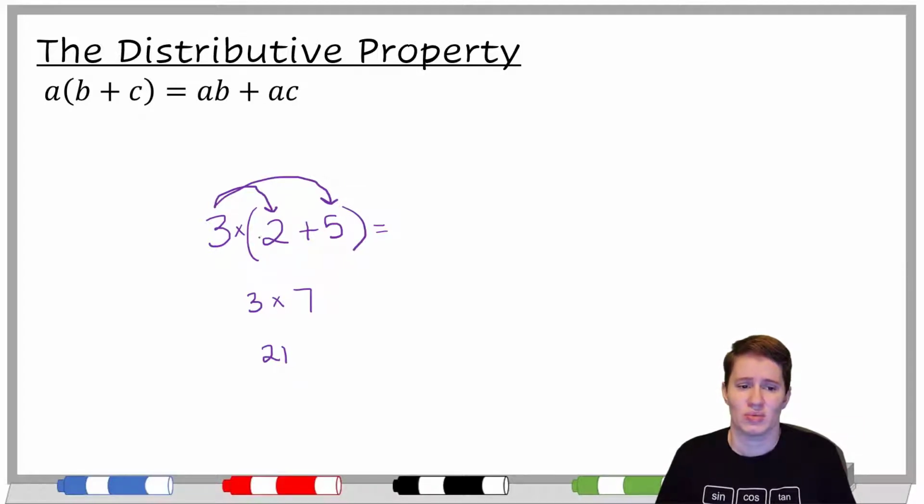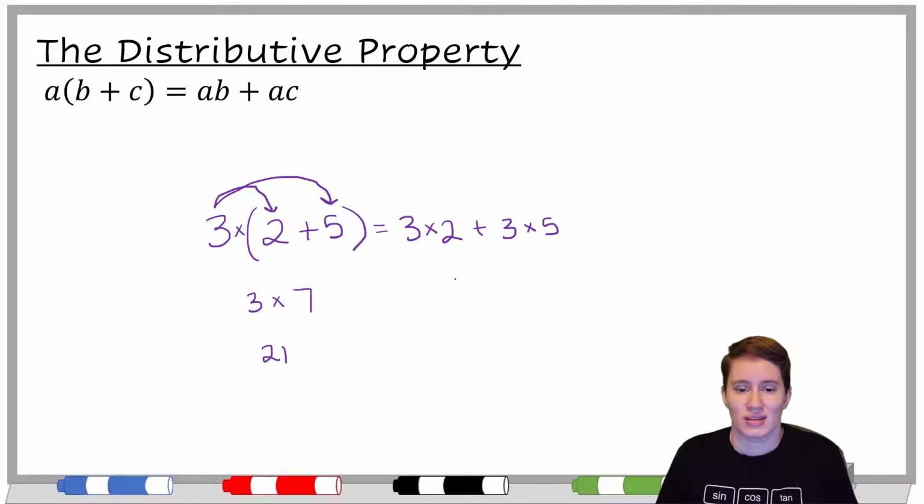So what we do is we think of this as 3 times 2, because of the 3 and the 2, then we put a plus in the middle, and then we do 3 times 5. And you see I drew arrows up here to remind myself visually, okay, I need to do this to both of these. That's 3 times 5.